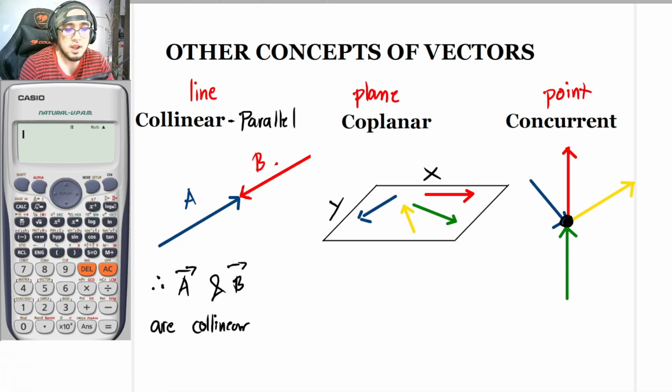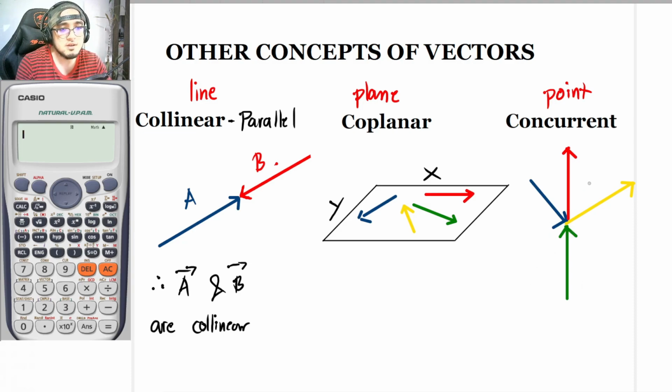They share the same point, and thus they are concurrent. Once again, regardless of whether they are coplanar or not, even if they belong to different planes, if they share the same point, they are still concurrent. By my drawing, I think this red vector is collinear with this vector here.